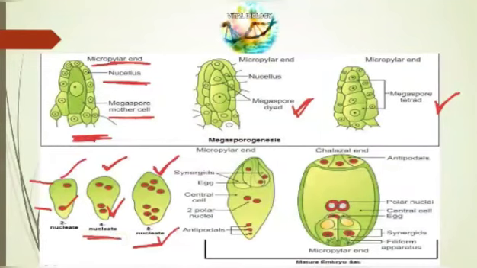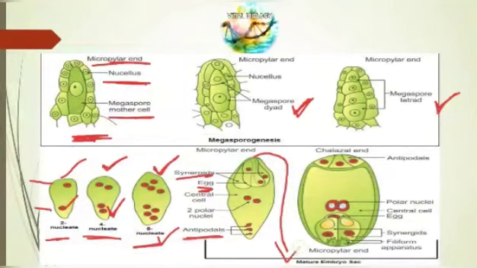Here the stages are named. Finally there is a formation of synergids and egg cell at the micropylar end, and 3 antipodals at the chalazal end. So the inversion of the embryo sac takes place: the micropyle lies down and the chalazal end goes up. Now the chalaza is on the upper side and the micropyle is at the downside.